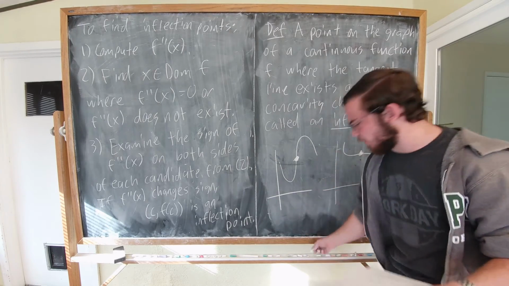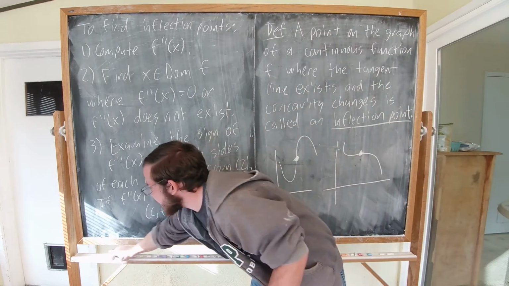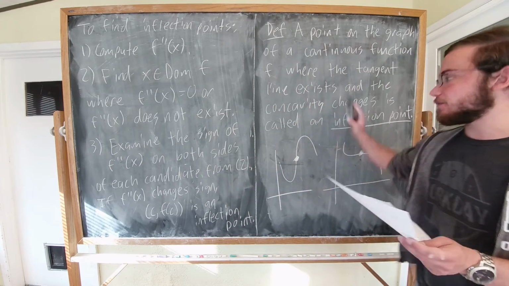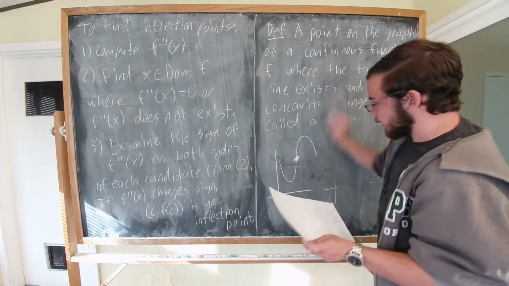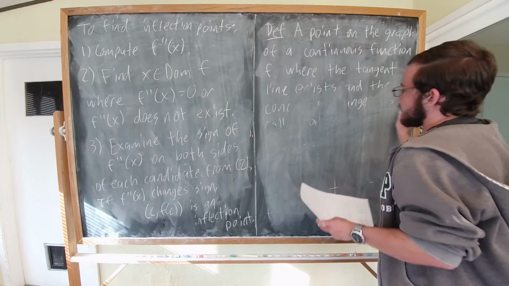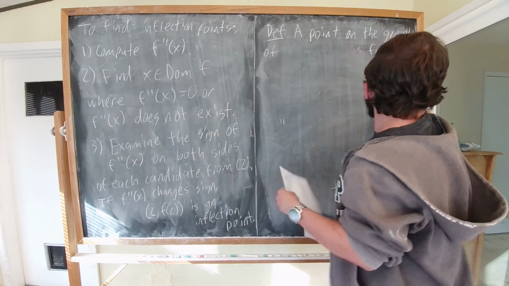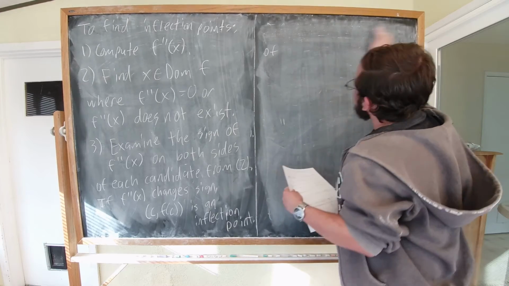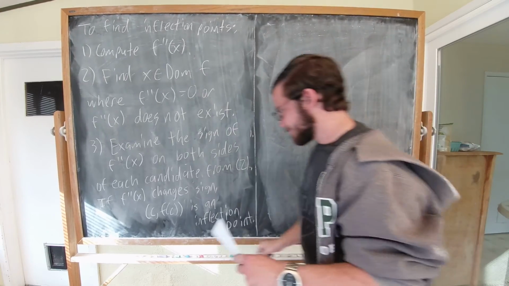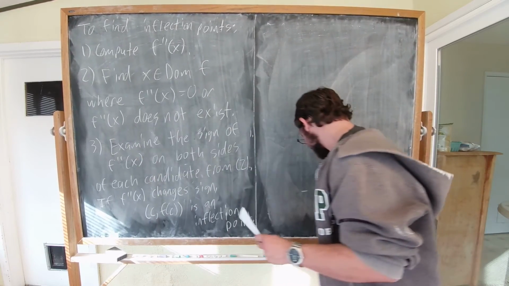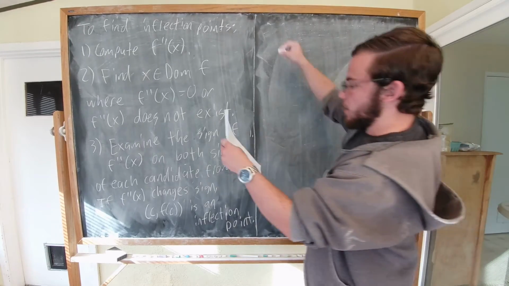So let's confirm that x cubed does actually have an inflection point at 0. We've seen it graphically. Let's see it using our procedure. All right.